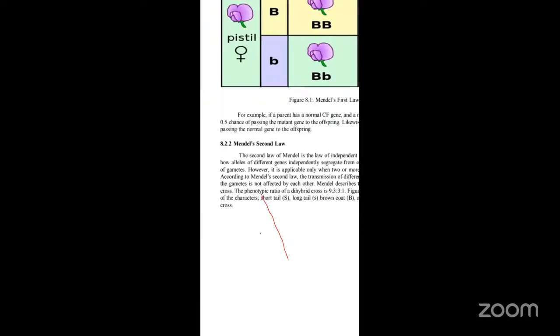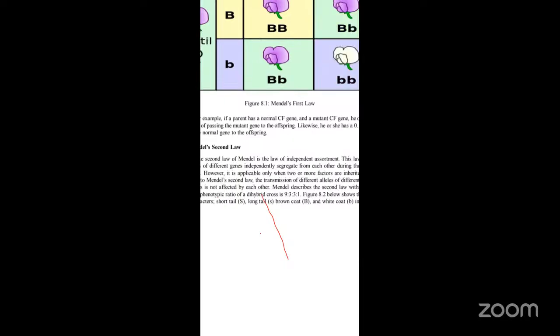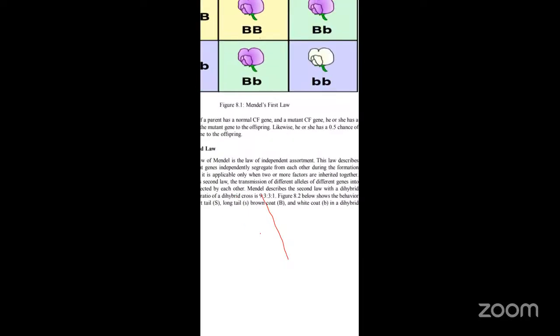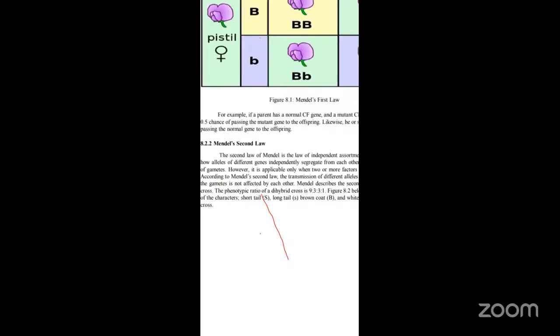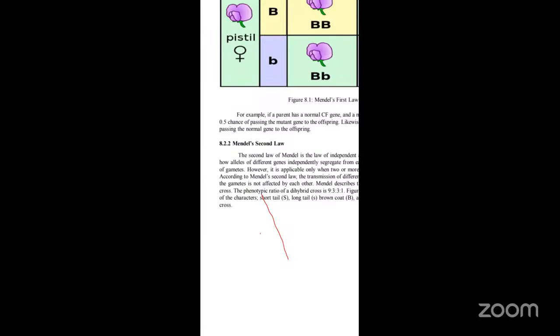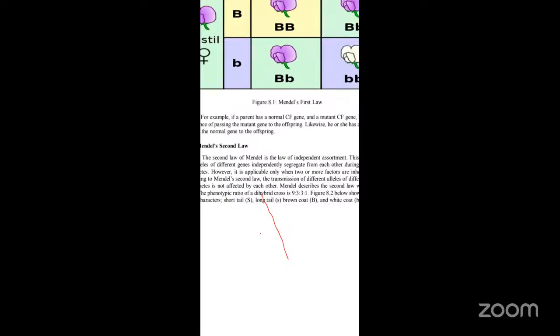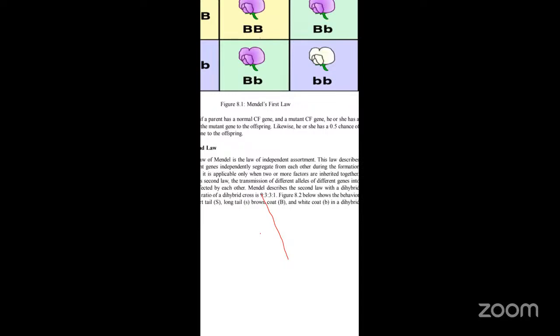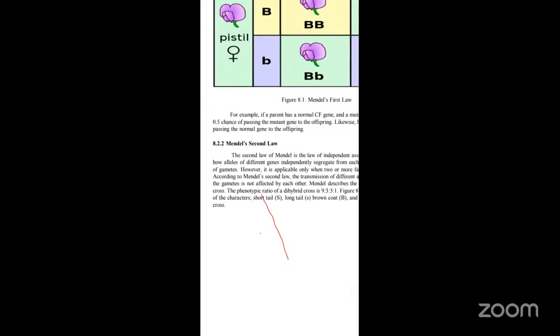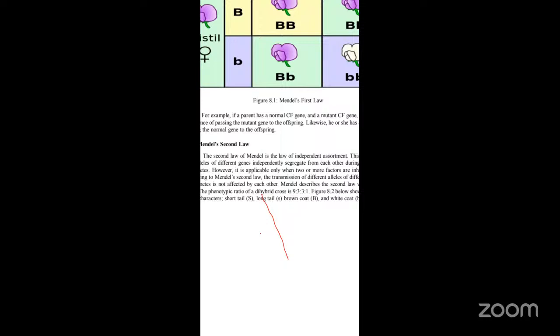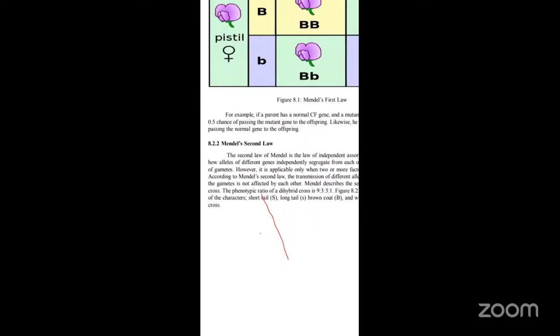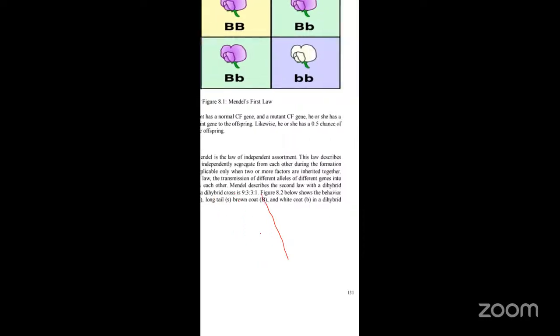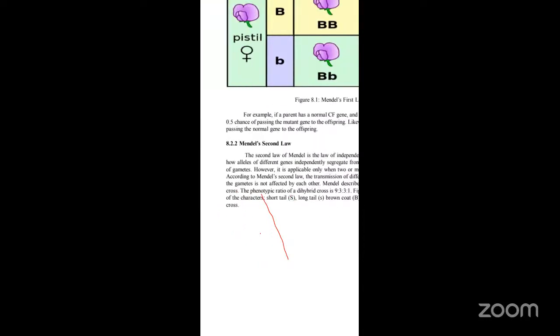According to Mendel's second law, the transmission of different alleles of different genes into the gametes is not affected by each other. Mendel describes the second law with a dihybrid cross. The phenotype ratio of a dihybrid cross shows the behavior of characters such as short tail, long tail, brown coat, and white coat.